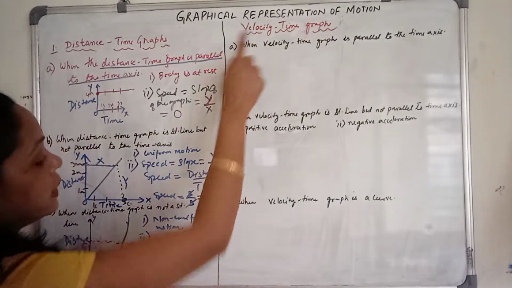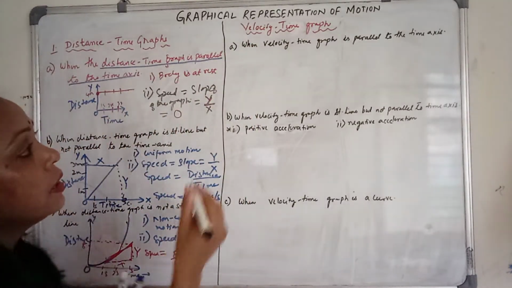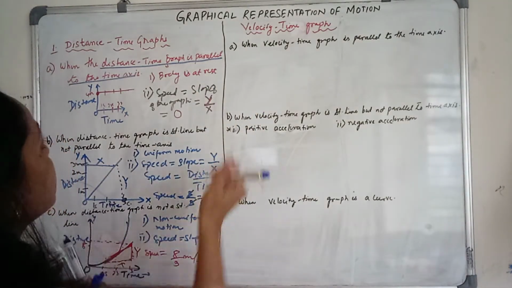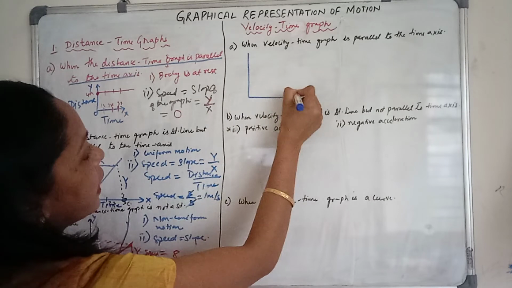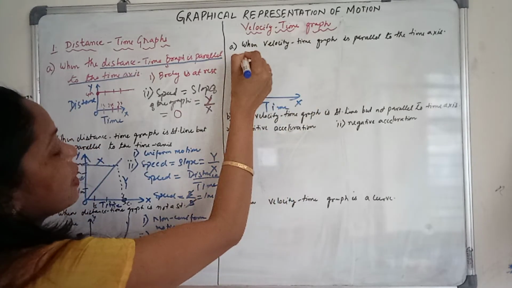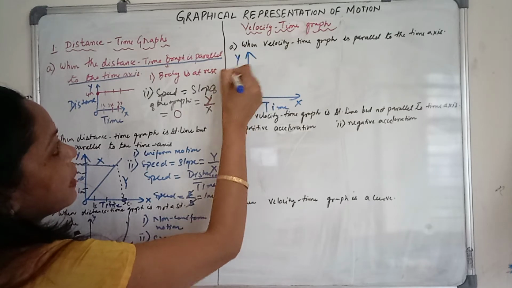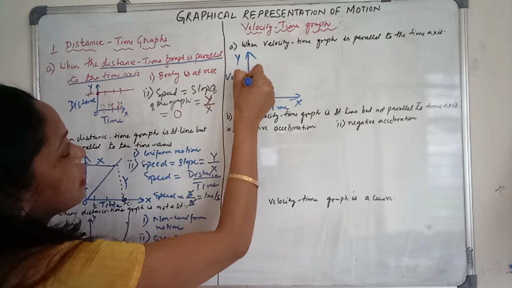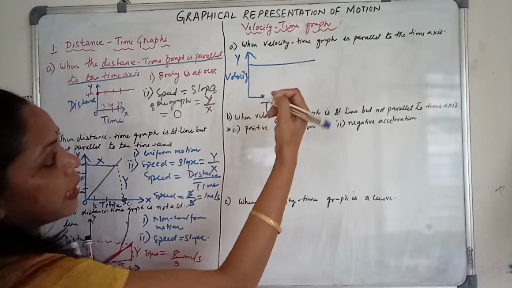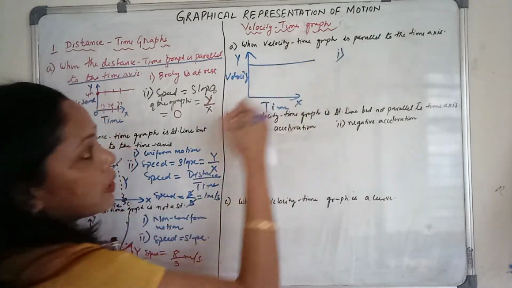Now see the velocity time graph. Same way, velocity time graph also. Draw the x-axis and y-axis. Time is represented on the x-axis and velocity on the y-axis. Now here also this is one line parallel to the time axis. So what is the first conclusion?